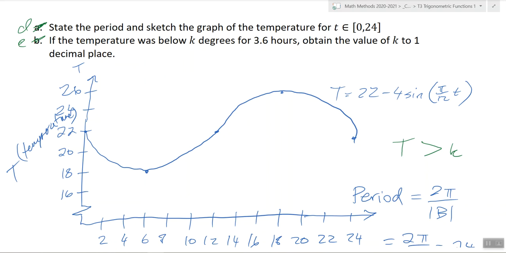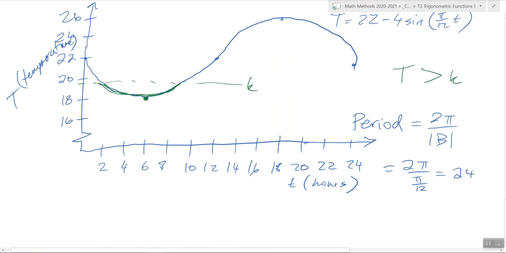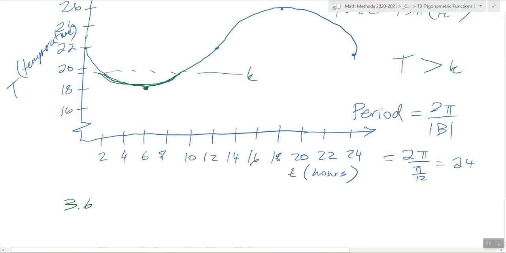We find the average of 3.6, and then you plus or minus that to both sides of 6. So 3.6 divided by 2 is 1.8. Then we plus or minus 1.8 to 6, and that's when it's that temperature.